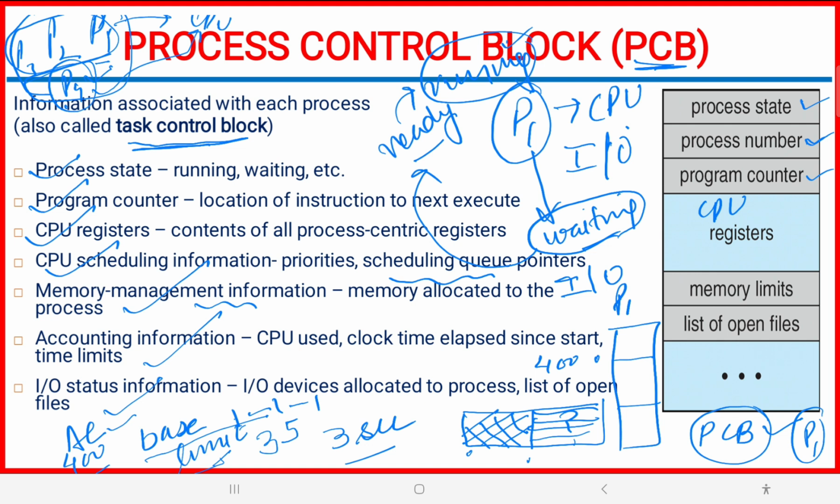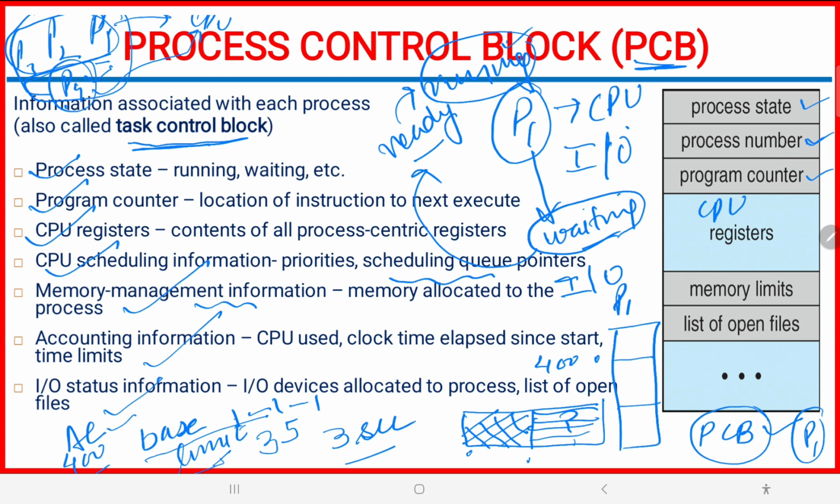It specifies information like the amount of CPU time used for execution of the process, and the maximum time that this process will get from the CPU for completion of its execution. Similarly, the process numbers. Such things are stored in the accounting information part of the process control block.